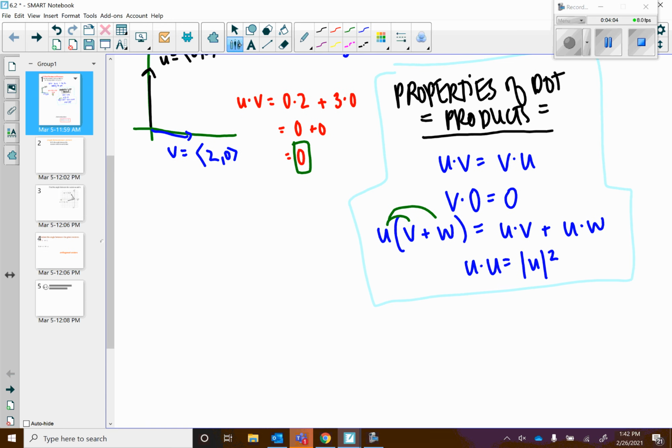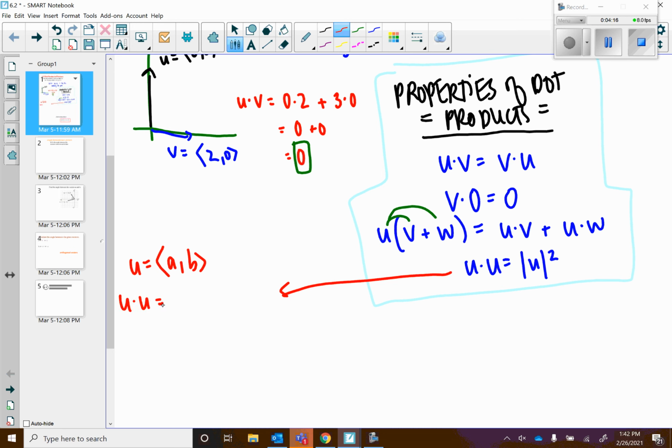So this last one, let me explain. Let's say u is a vector with parts a and b. Well, u dot u is going to be part a times a plus b times b, because it would be like I have u and then another copy of ab. So this is really a squared plus b squared.